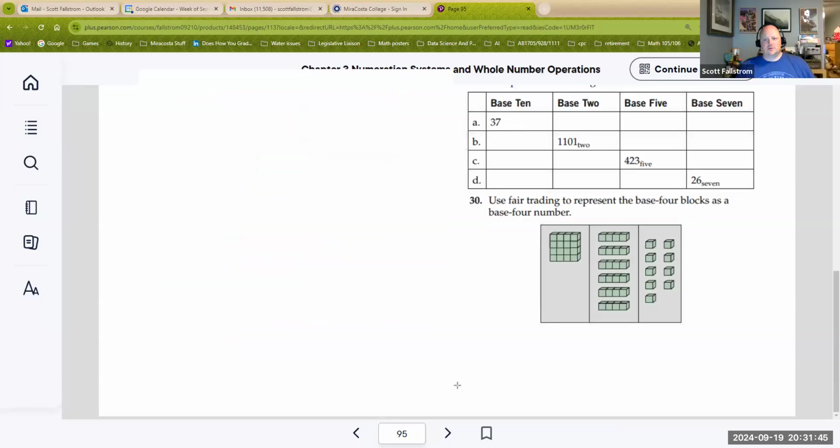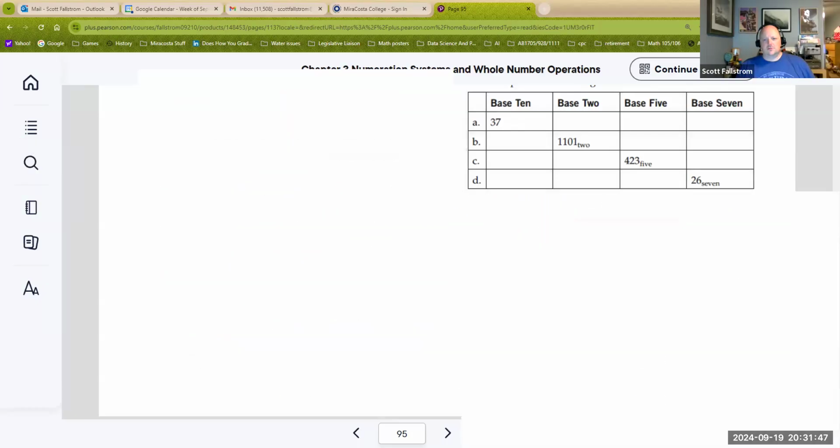Which one do you want to try? Okay, I'm going to try 37 base 10, and then just see where we end up. And then I'm thinking, we don't have to meet to do this, obviously. I'm just thinking tomorrow and the next day I'll do a couple of these. Just practice, practice, practice. And you can pick your own numbers too.